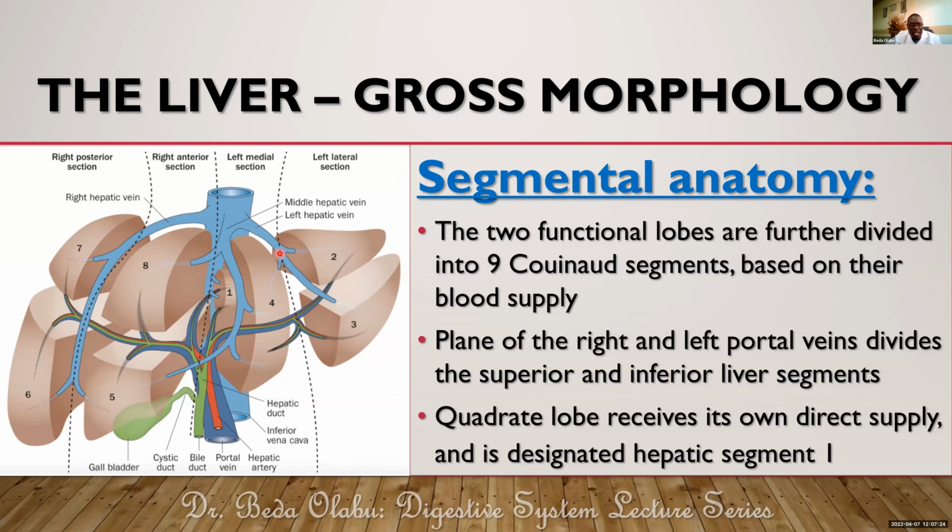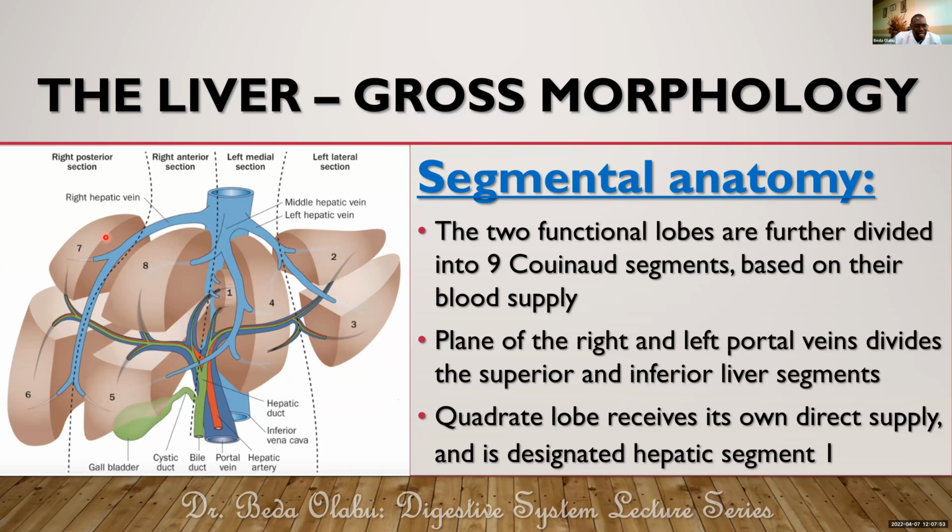So the left hepatic vein divides the left physiological lobe into a medial segment and a lateral segment. However, the right hepatic vein divides the right physiological lobe into anterior segments and posterior segments.